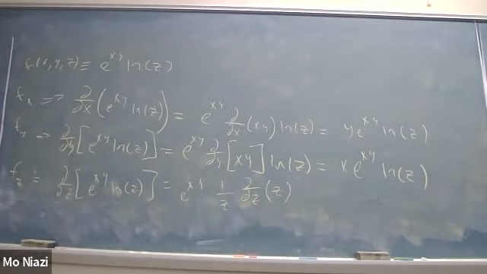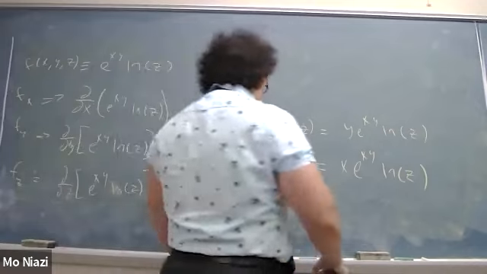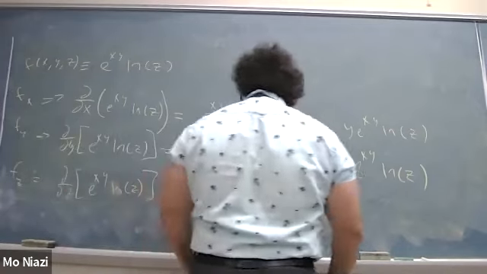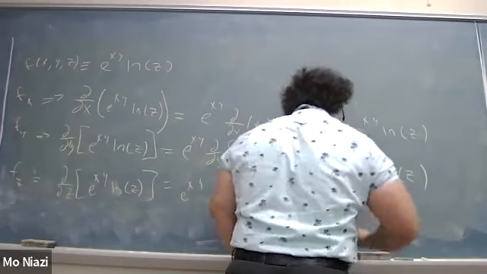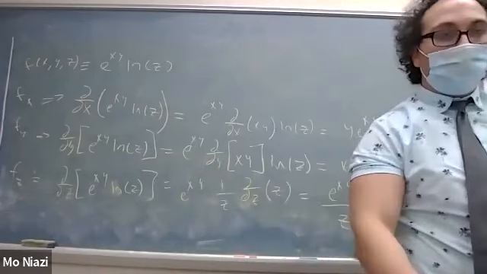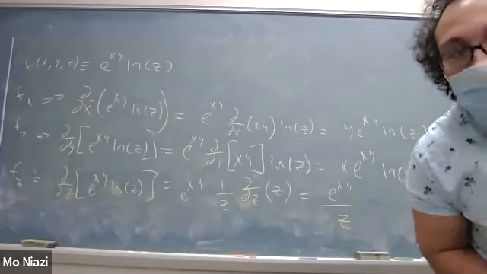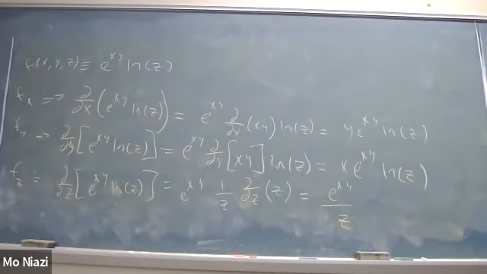Partial z of ln of z is 1 over z times the derivative of the inside, which in this case is trivial. Partial z of z is just 1. So then this reduces to, at least I got that one in.